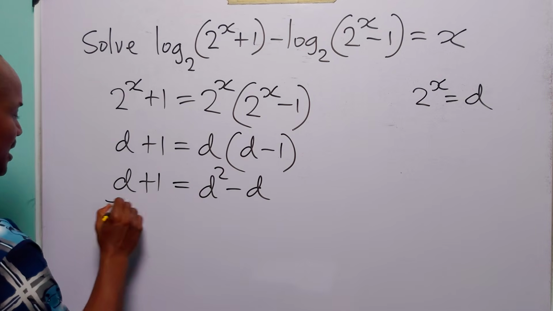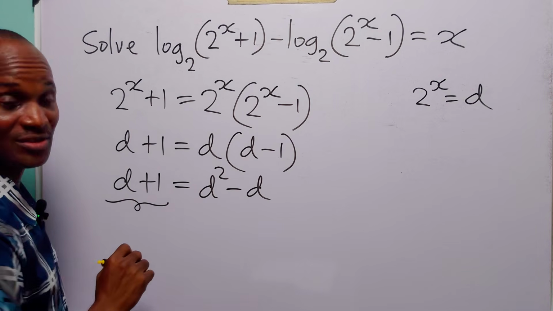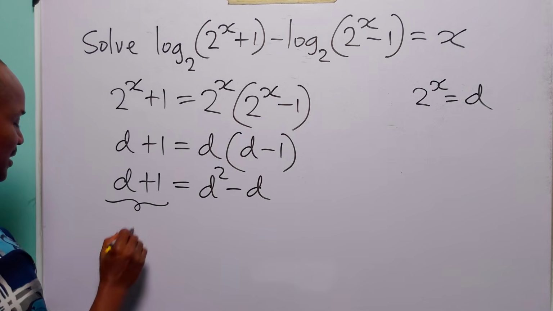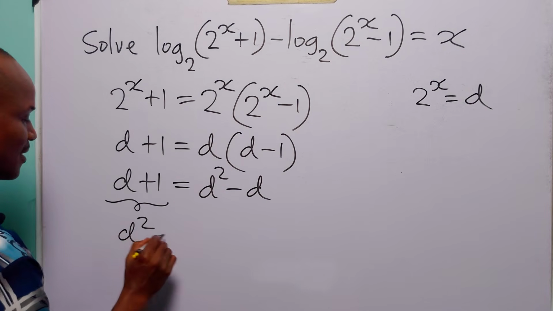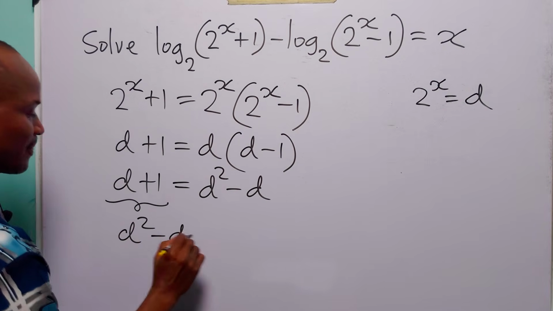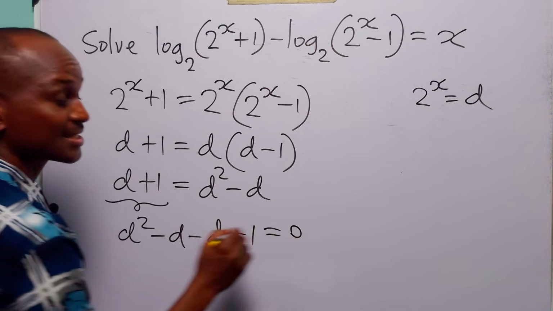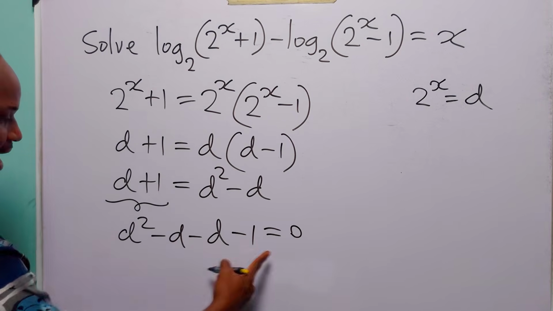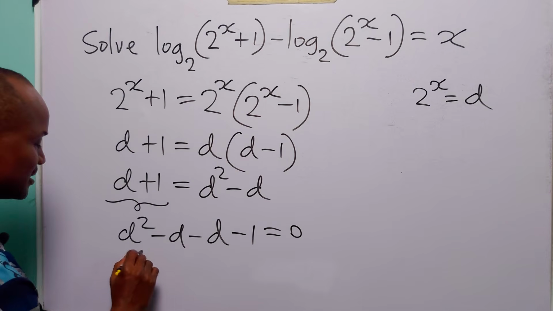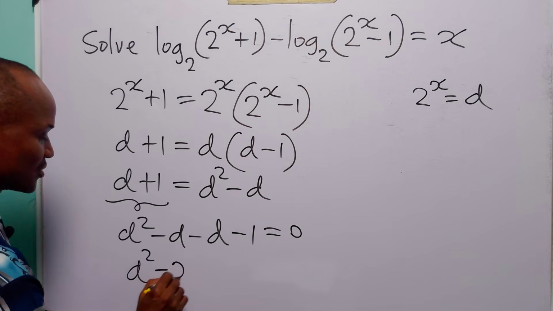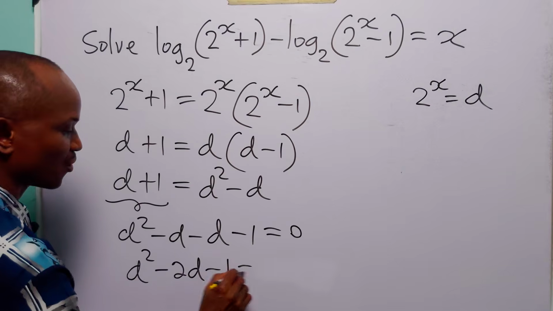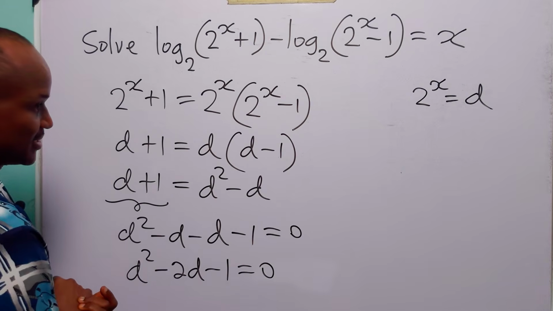Rearranging this equation, let us move these two terms over to the right-hand side. We have d squared minus d minus d minus 1 is equal to 0. And of course, from here we have d squared minus 2d minus 1 is equal to 0.